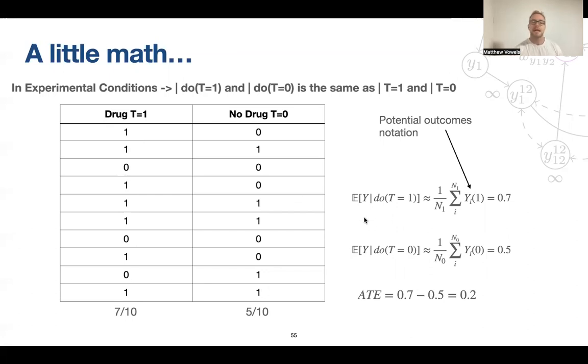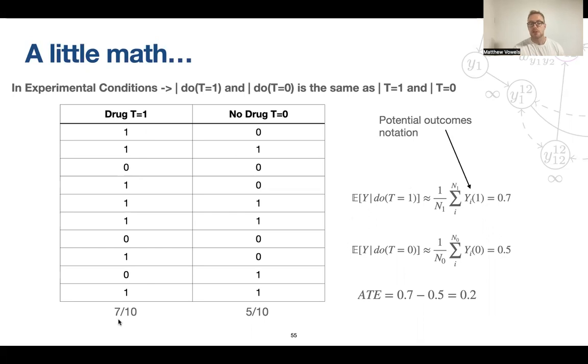And then we can express that in just the same way that we did before. We can look at the difference between the expected value of y given that we do treatment equals 1 and the expected value of y given we do treatment equals 0. We can approximate that expectation just by using the empirical average. So we count up the numbers in group 1, which is yi for those that did get the treatment, divide by the number of data points there are.